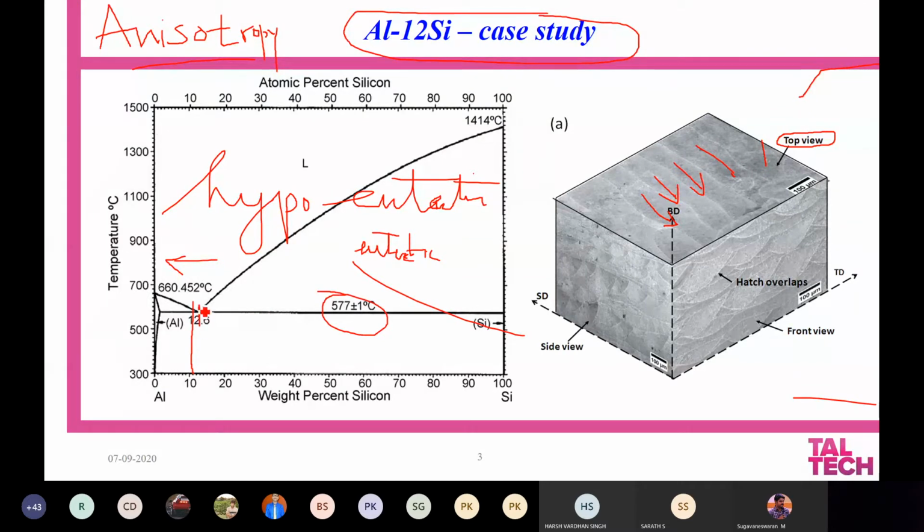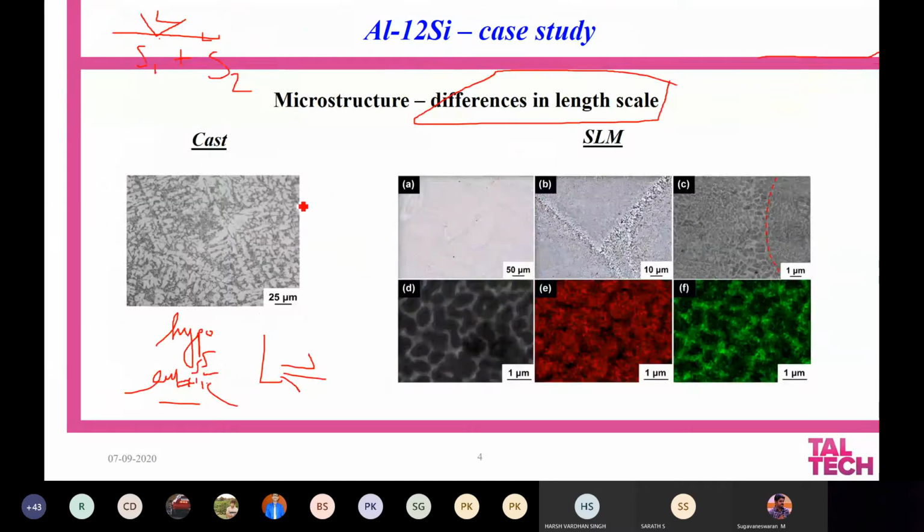You will have one liquid giving rise to two solids. This is the eutectic of aluminum and silicon. So when it goes to hypoeutectic composition, you will have solid one which is pure aluminum plus solid 2 which is aluminum plus silicon.